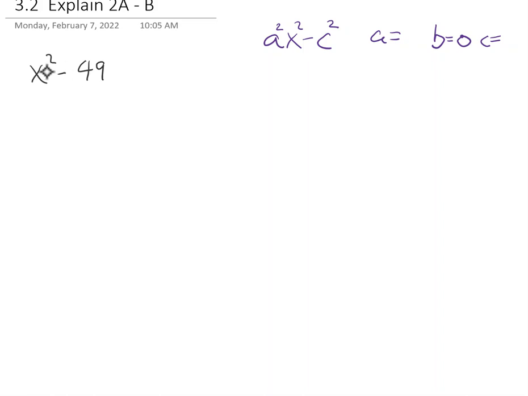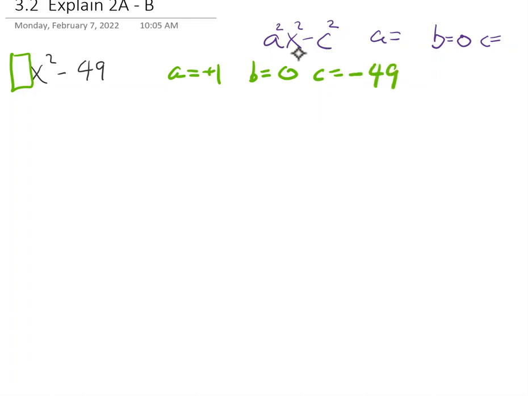If you look at this one, notice if I tried to find A, B, and C, well then A, in this case, would be positive 1. B, well, there's no middle term. It seems to be gone, so we're going to call that 0. And C is 49, but it's a negative 49.